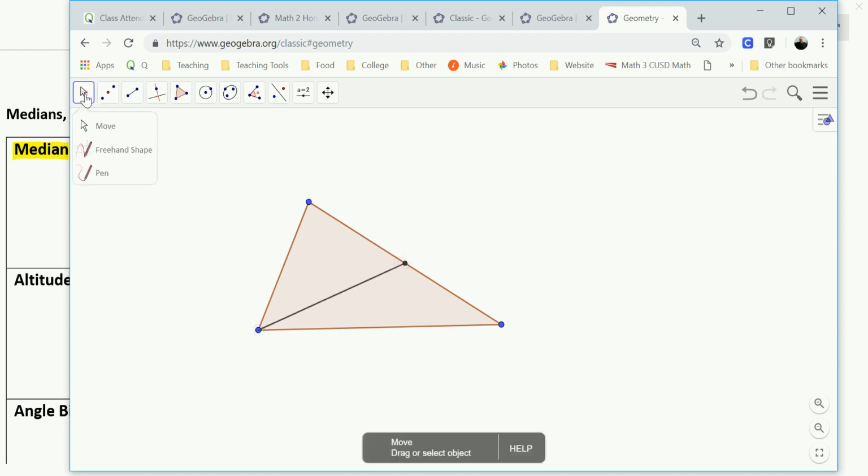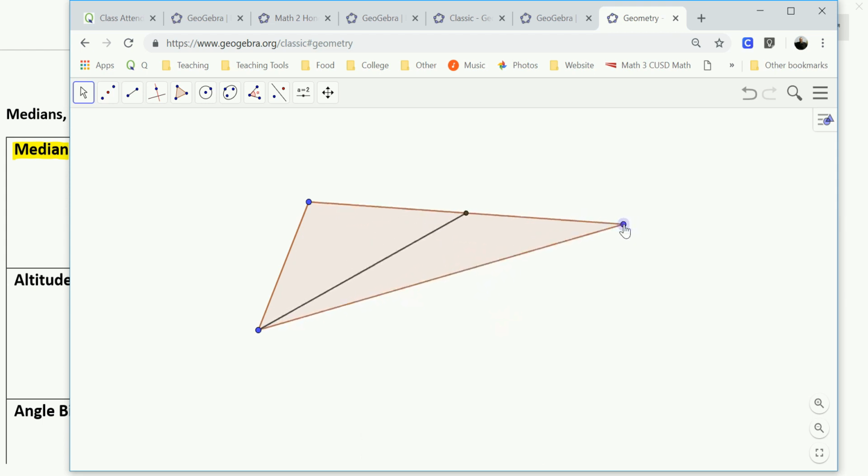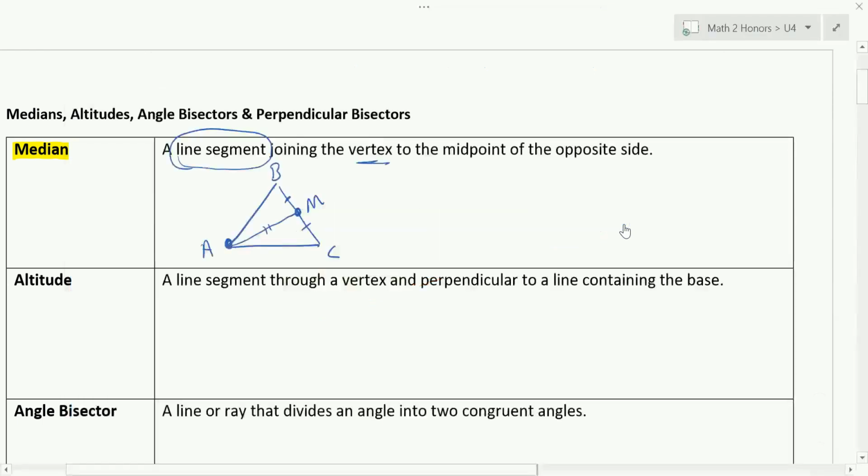And then maybe you could see why those 2 triangles don't have to be congruent, right? So the median does not have to create 2. It can, but it doesn't have to. And this is definitely a picture of why it doesn't have to. Okay, so that's a median for you.